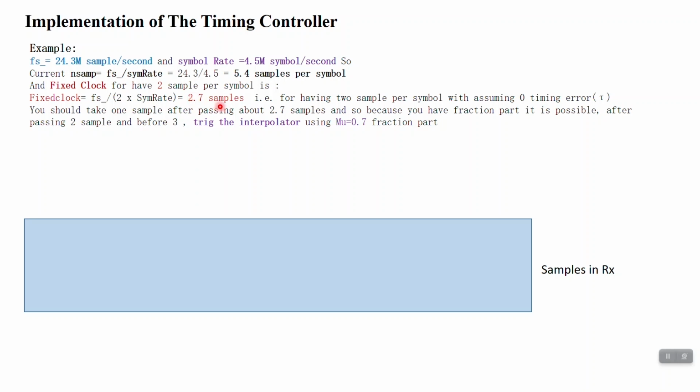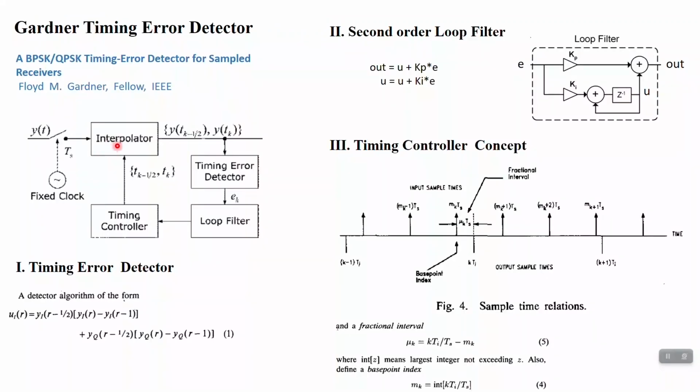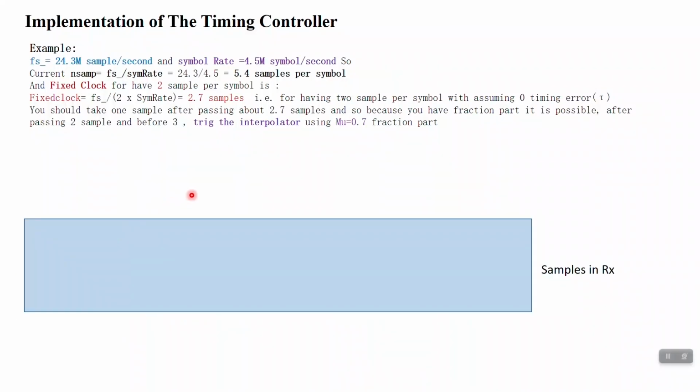But with the help of the interpolator and timing controller, you can simply overcome this challenge and downsample by a factor of 2.7 to have 2 samples after the interpolator.